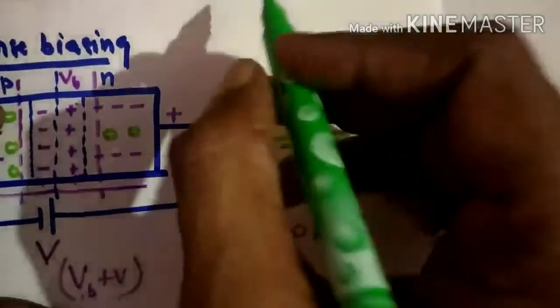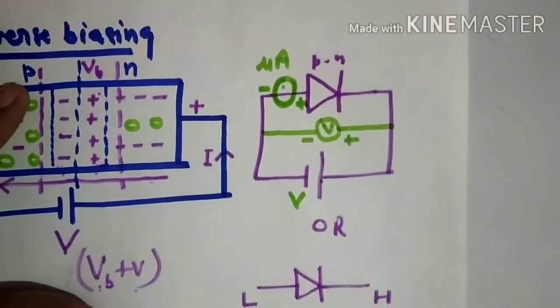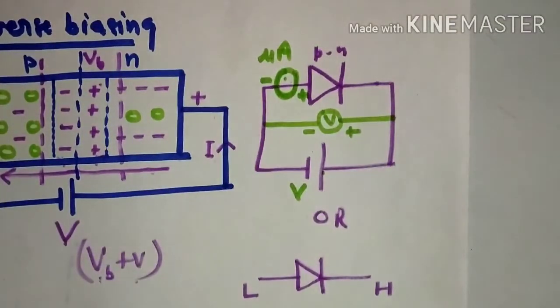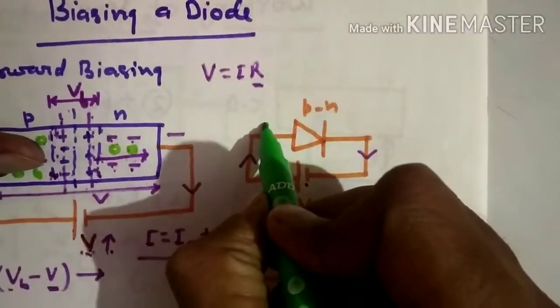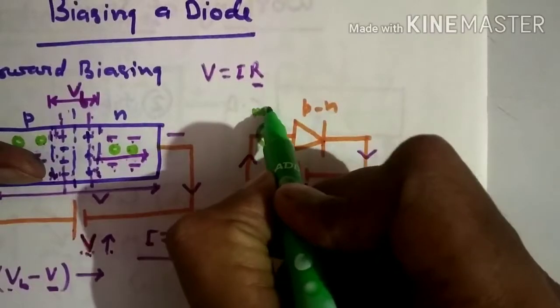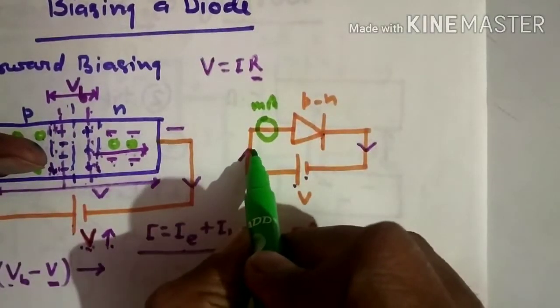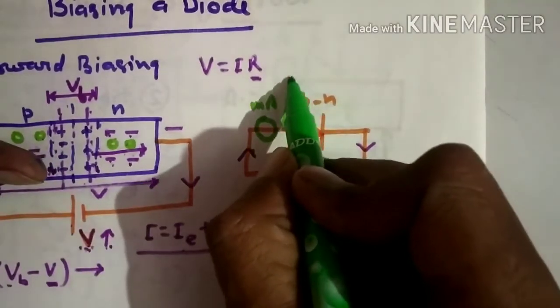But the current is very small, so here I will connect a microammeter. And the same type of connection we will do in the forward bias as well, but there the ammeter will be a milliammeter. And for measuring the voltage, of course, we will connect a voltmeter in parallel to the diode.